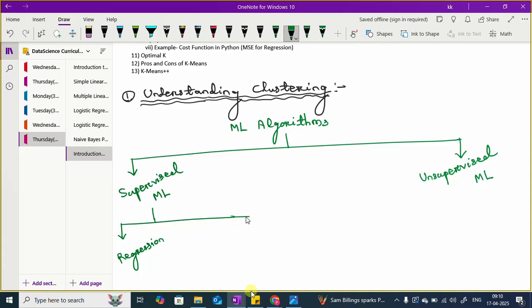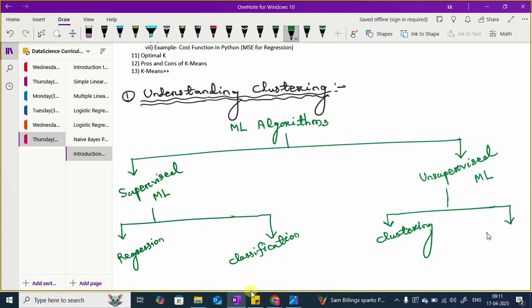Now coming to supervised machine learning, again it is divided into 2 different types, that is regression and classification. Similarly, coming to unsupervised machine learning, typically speaking, it is divided into clustering and another one is the dimensionality reduction technique.